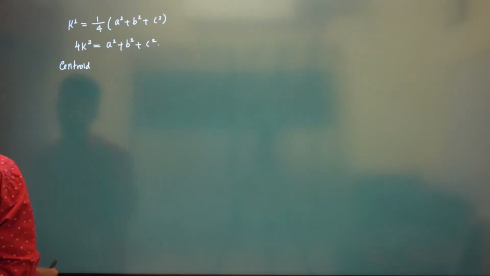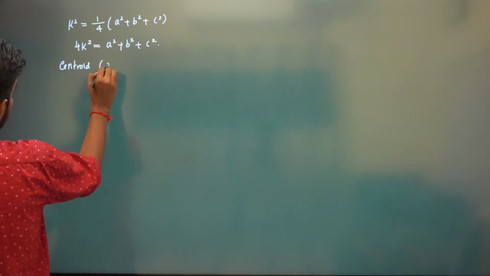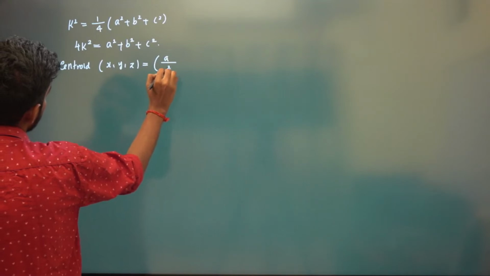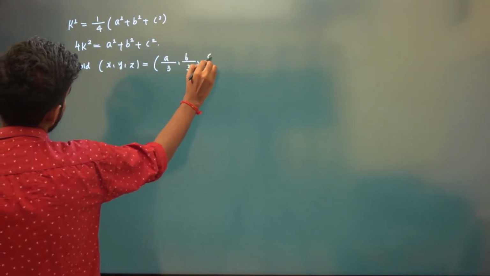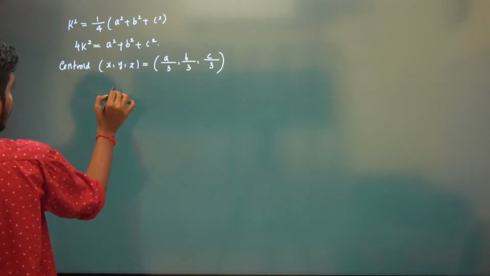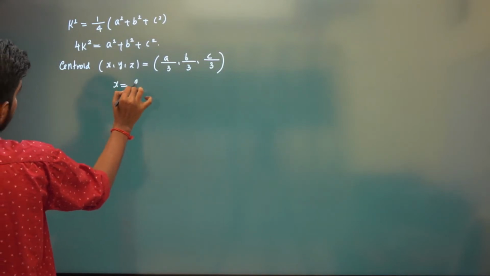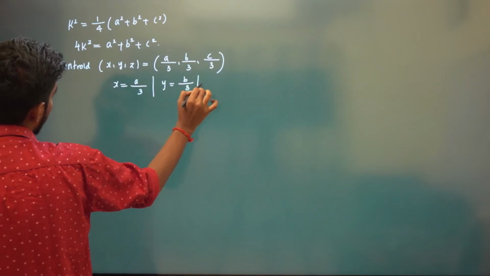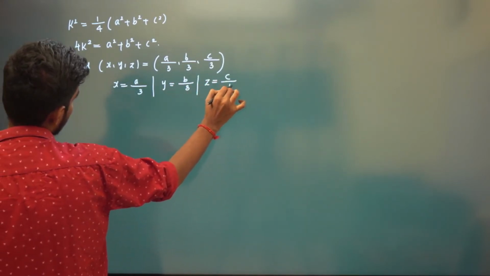Because what is centroid? We already found, right? It is a by 3. Centroid is x comma y comma z, which is a by 3, b by 3, c by 3. So you will have x is equal to a by 3, y is equal to b by 3, z is equal to c by 3.